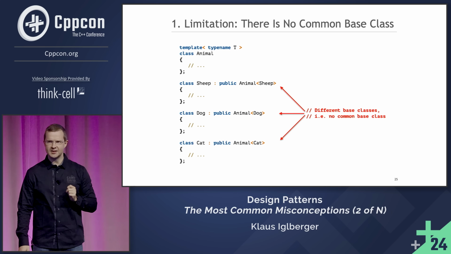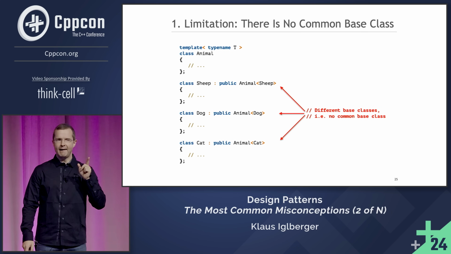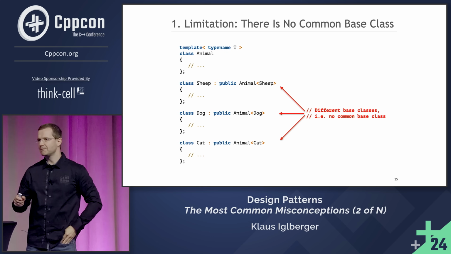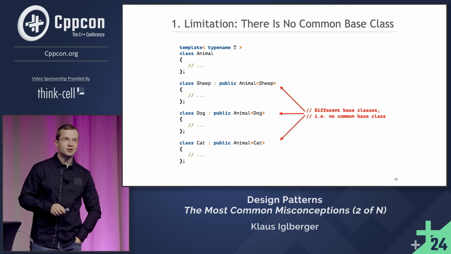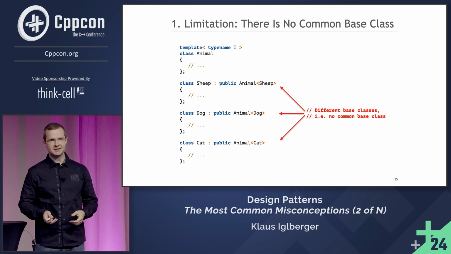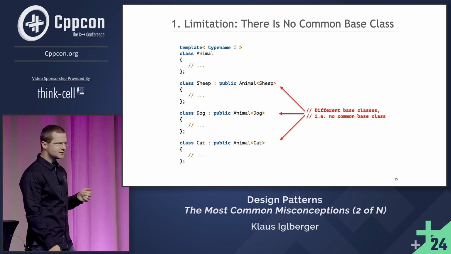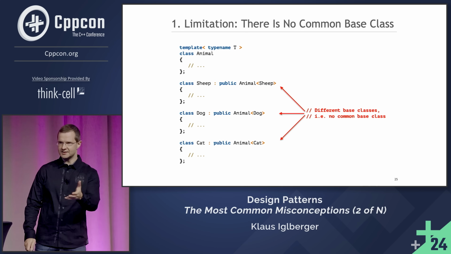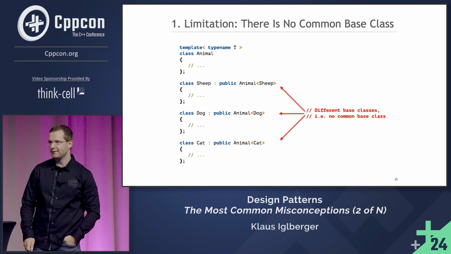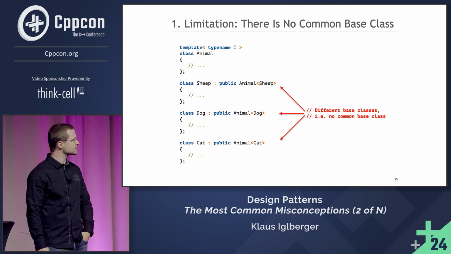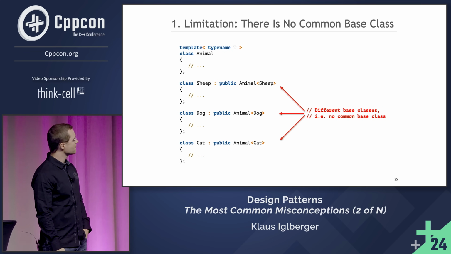Now this needs a second to sink in, and I even say it again. Every derived type has a different base class, which is not what we usually want to have in inheritance hierarchies. So you cannot simply have a vector of animals. There is no such common type, such a common base class anymore.